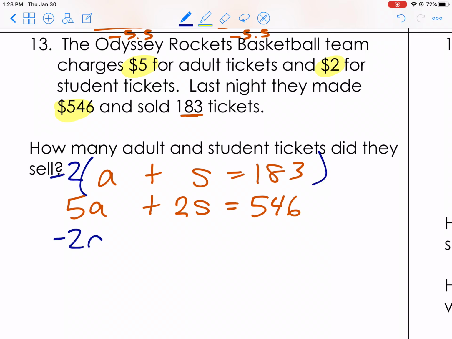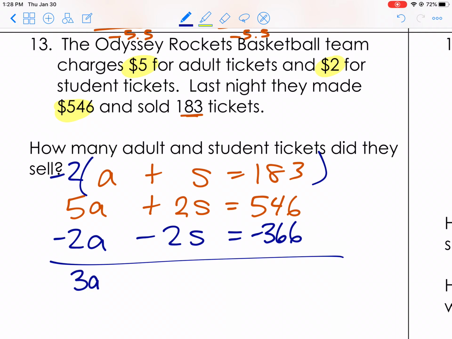I'm going to multiply the top equation by negative 2 so that the S all goes away. Oops, 183 times 2, negative 366. So if I add these two equations together, I get 3A equals 180.